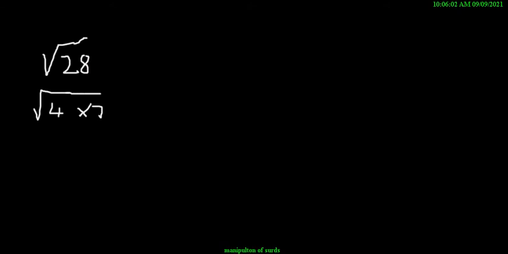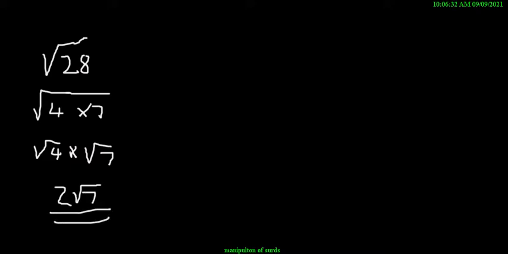And remember we said this is the same as square root of 4 times square root of 7. The square root of 4 is 2. So this is how we can simplify surds.